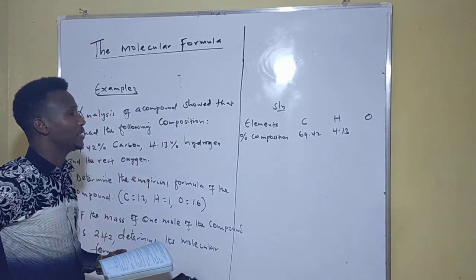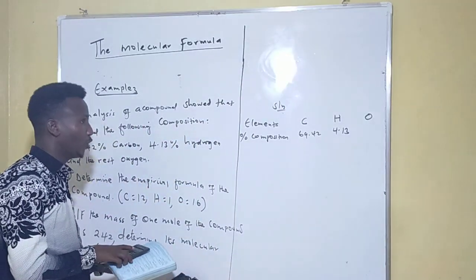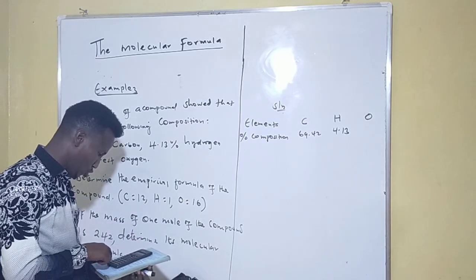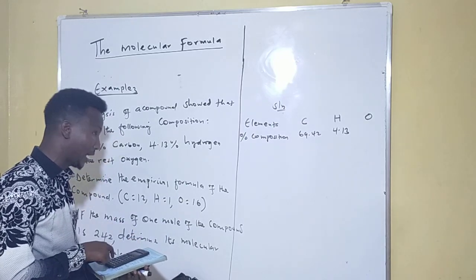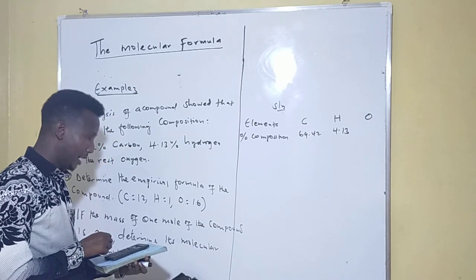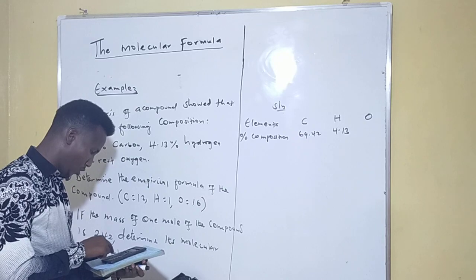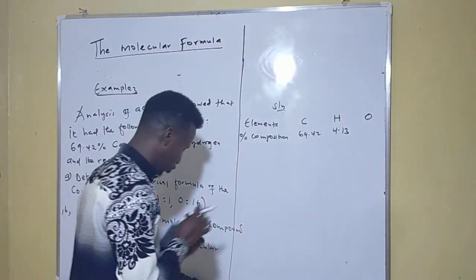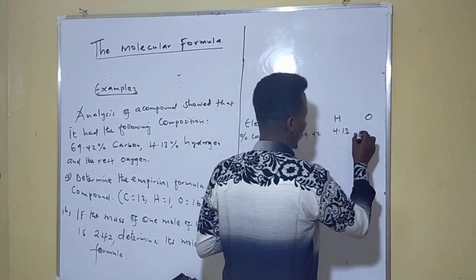How can you get the percentage of oxygen? We are going to say 100 minus, open the bracket, 69.42 plus 4.13, close the bracket. So that will give me 26.44.